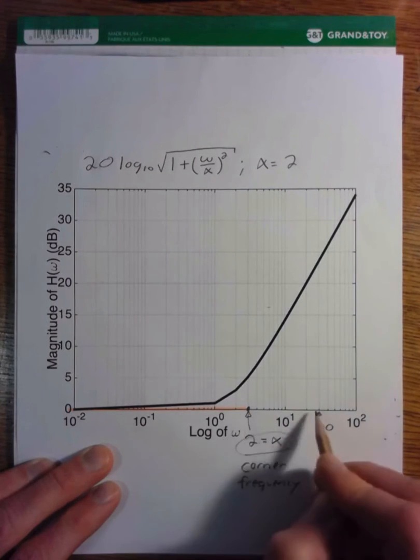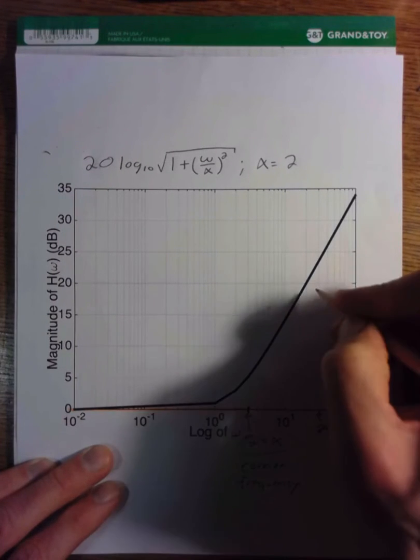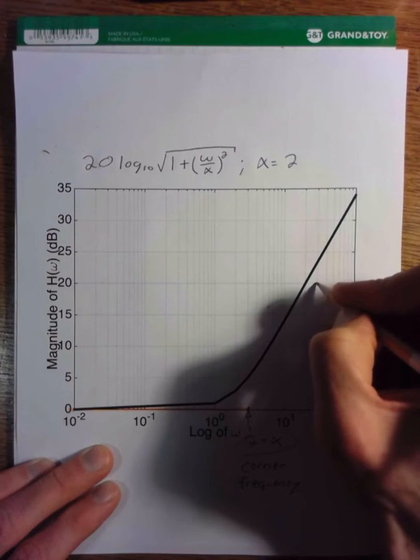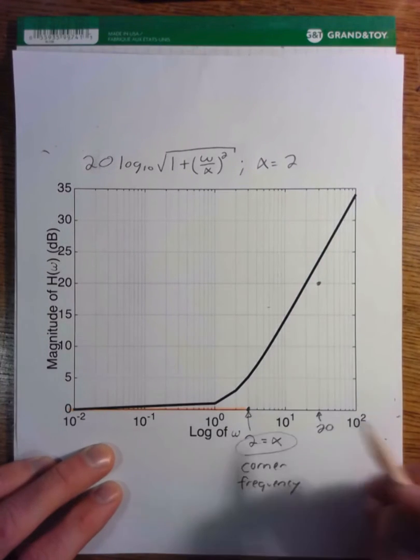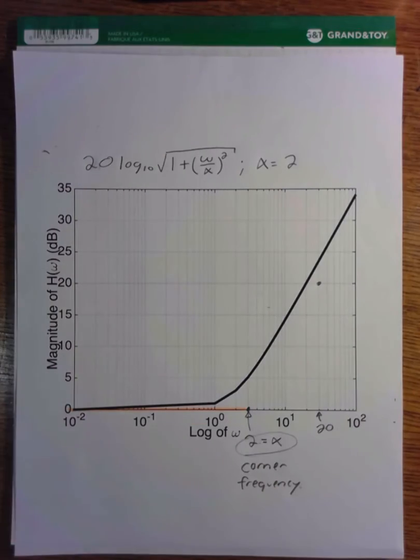So from here to here is a decade. And so this is where our line of 20 dB per decade would be.